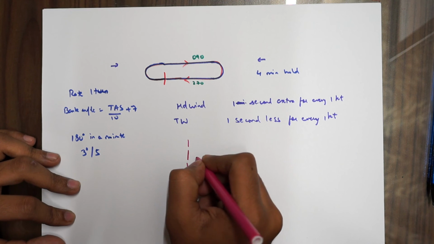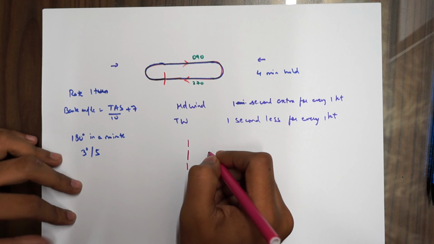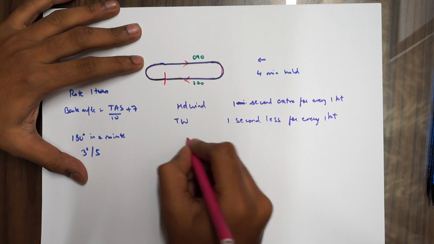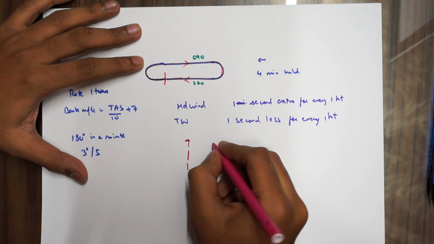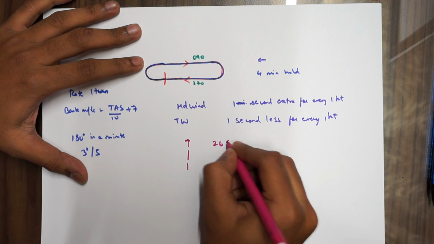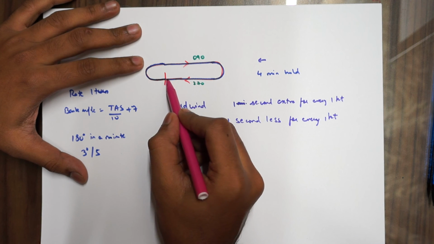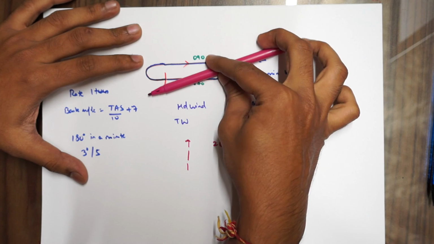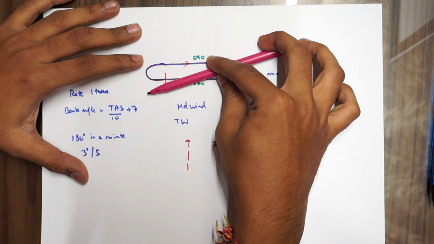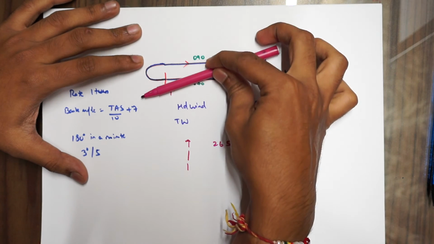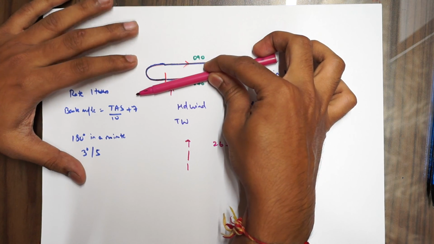At that point in time, find the actual heading that you're flying to maintain the course. Okay, so suppose 270 is set, but you are maintaining say 265. So 265, basically you are maintaining something like this. Okay, so that means your winds are coming from this side. Since you're maintaining into the wind, 265 is approximately this.